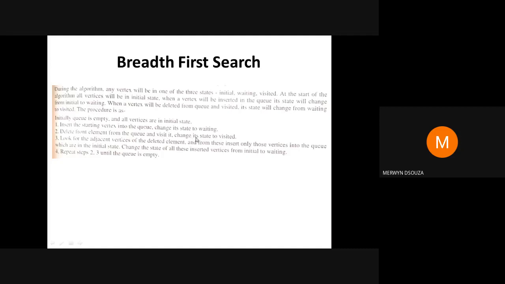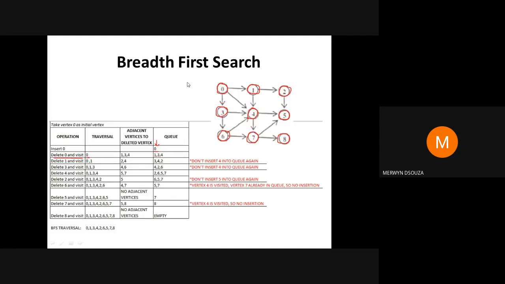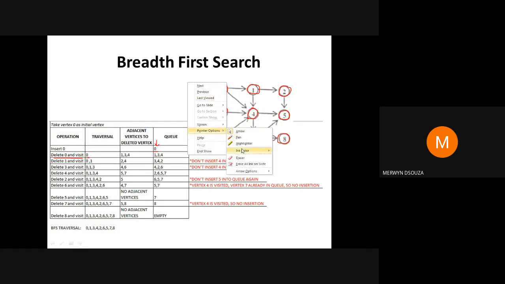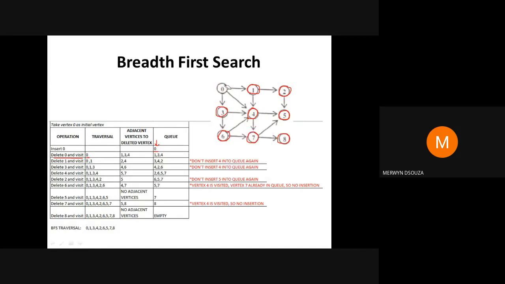After that, you change the state of that vertex to visited. In order to show that I visited this vertex, I'll just remove this red circle. That means 0 has already been visited.